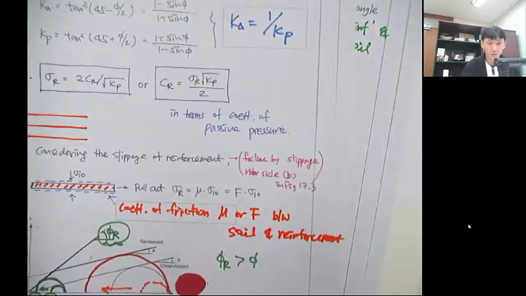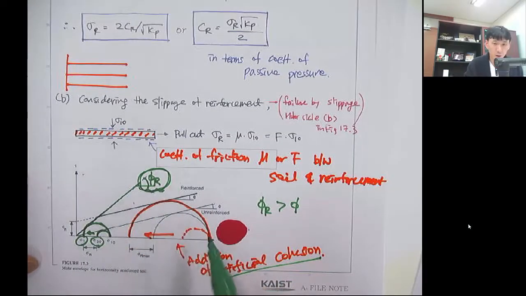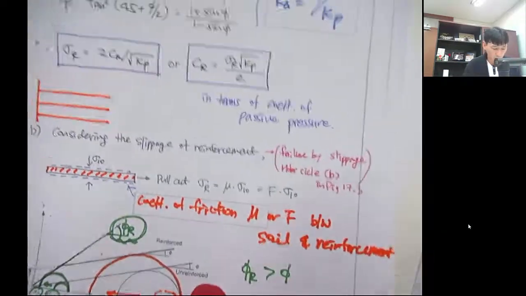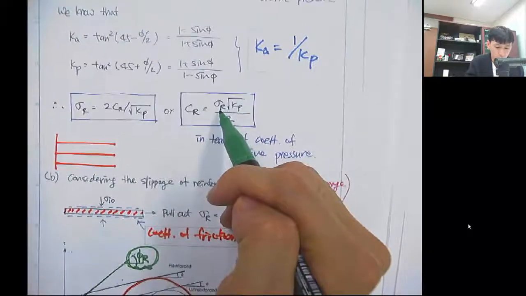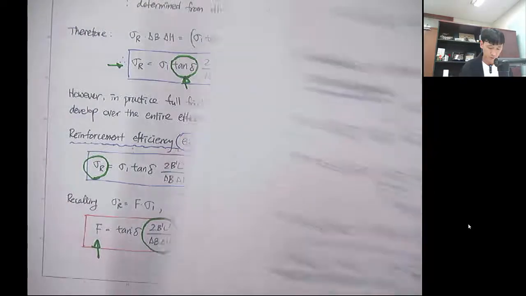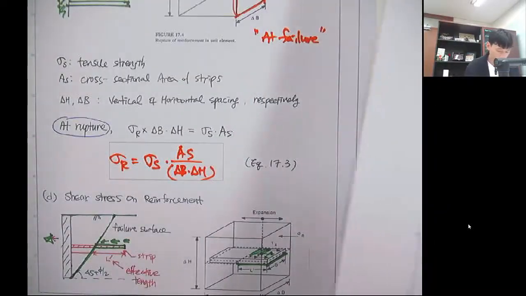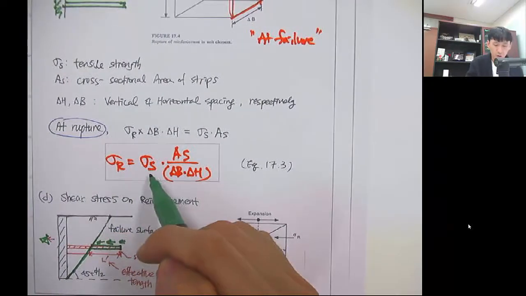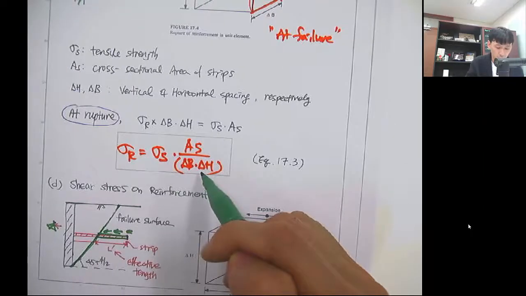And if the reinforcement fails by slippage, then there will be some additional friction angle, the phi r, and this CR and the phi r can be expressed in terms of the reinforcement stress sigma r here, and also the phi r in terms of F. Then we've seen in the case here of the rupture, sigma r is a function of the tensile strength of the strip and some geometric values.